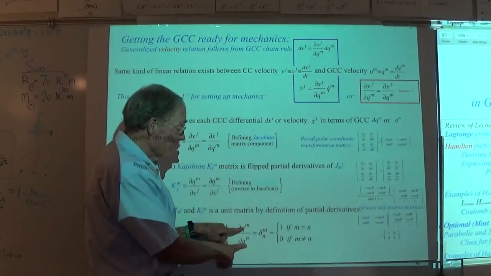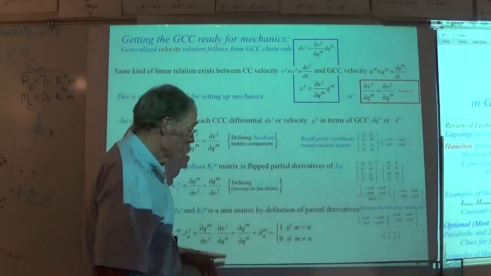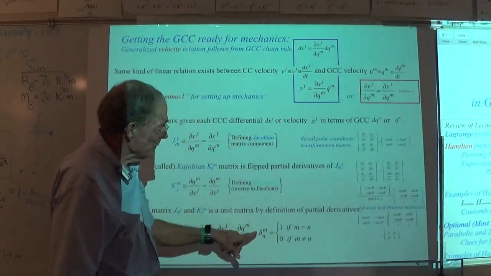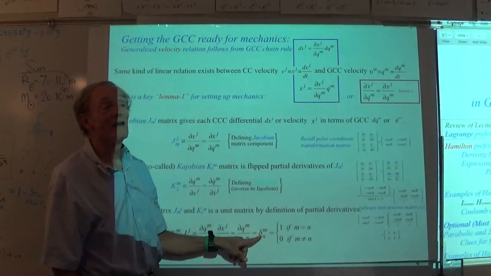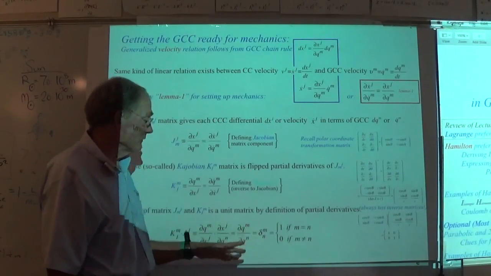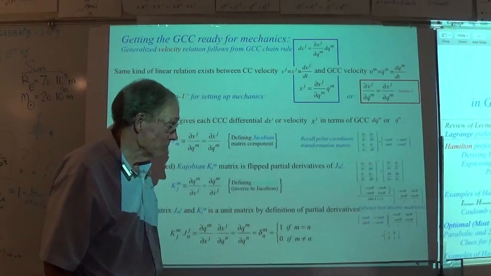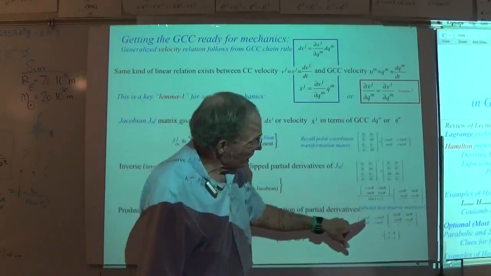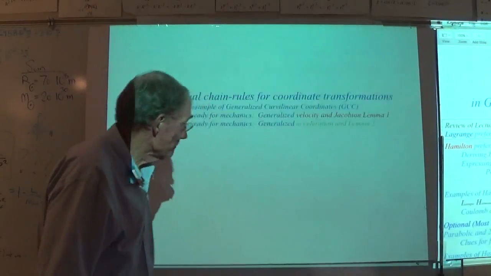If it's the same variable, then a variable with respect to itself is 1. So this is the key thing that's going to be making it possible for us to have this dual orthogonality of our coordinates eventually. Right now it doesn't look like much. It's true for every possible coordinate that has a derivative. And it's basically connected with the fact that the product of these two is a unit matrix.